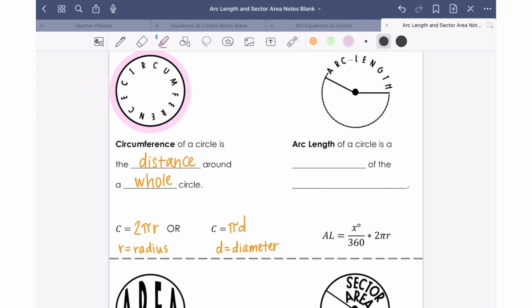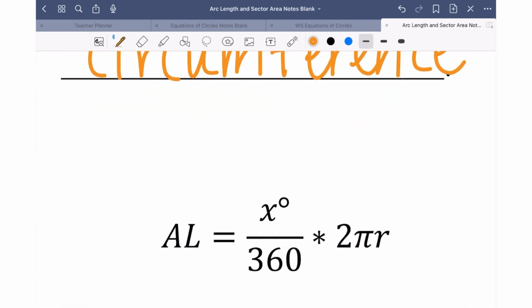But arc length is not the whole circle. If you see here, I did a little visual so you could see that arc length is only a portion of the circumference. Because of that, it is a different formula for arc length, and it's also a different type of measurement. We're measuring the arc length of this part of the circle. Since we're not using the whole circle, we need to figure out what part of the circle we are using.